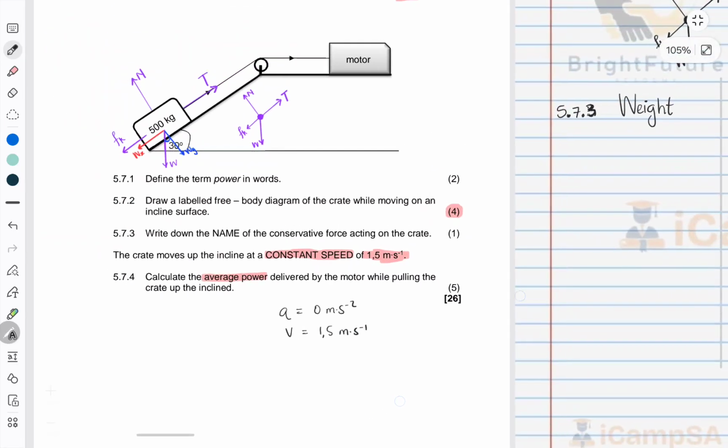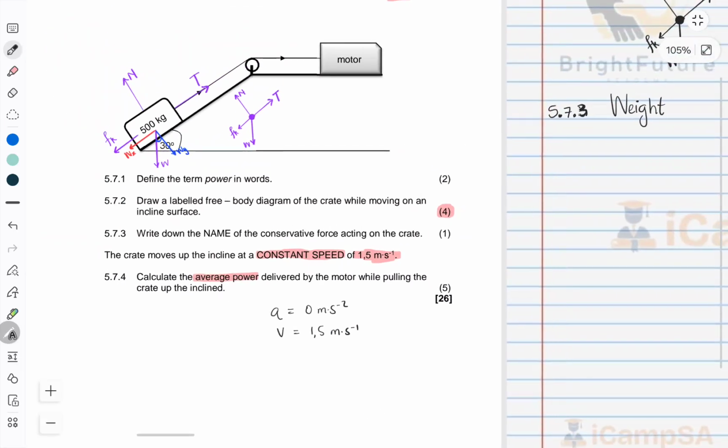Now, to find the average power, remember, if there's a constant force being applied, we take that force and multiply it by the velocity at which the object is moving. Then whatever is applying the force is delivering a power, which is the product of the force applied and the velocity.